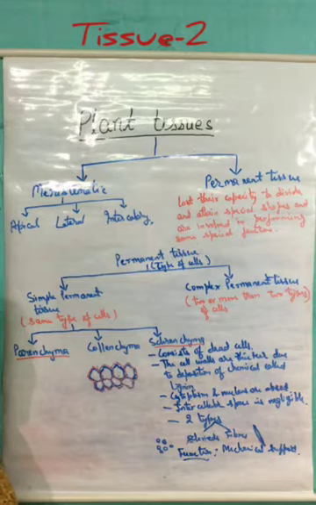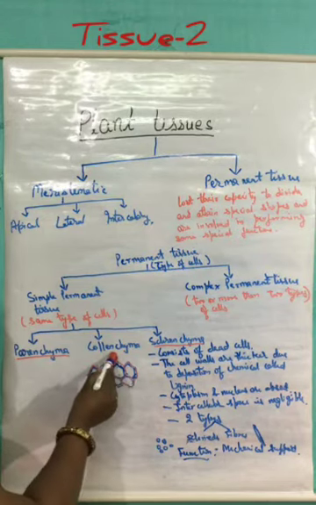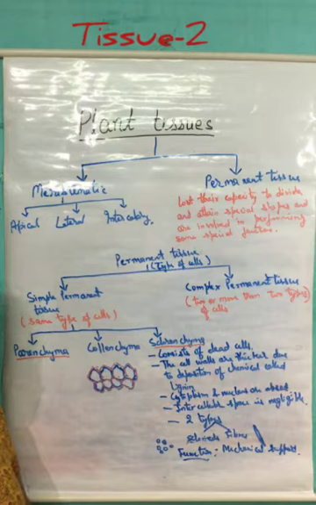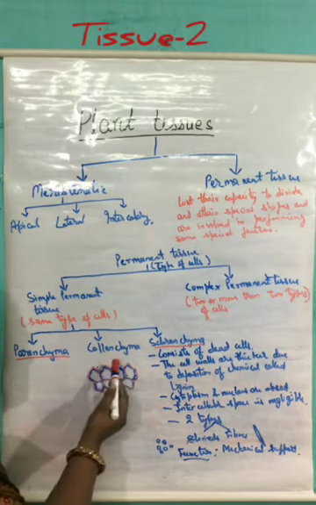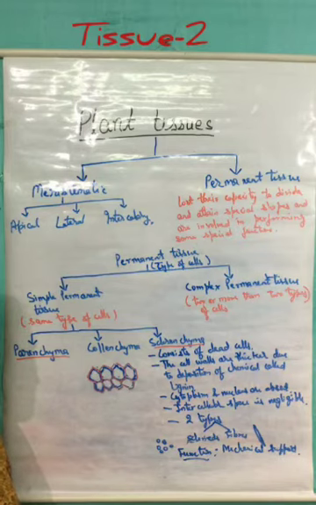The cell walls are very thin, made up only of cellulose. Collenchyma is made up of living cells where the deposition of pectin takes place over the cellulose at the corners, and because of this, the intercellular space is reduced.